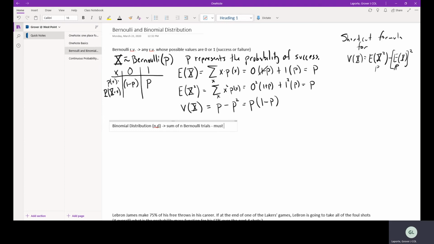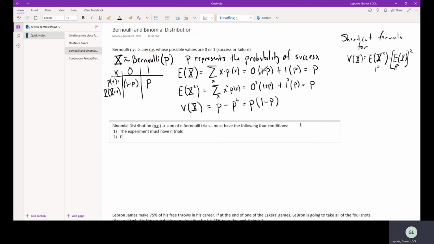It must have the following 4 conditions. So what are the following 4 conditions? Well, 1, the experiment must have n trials.